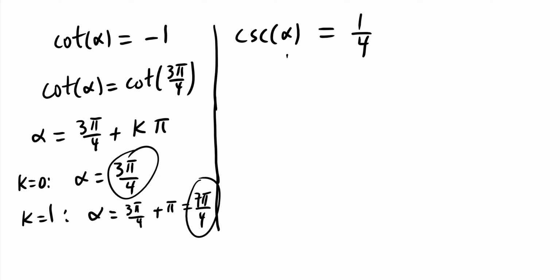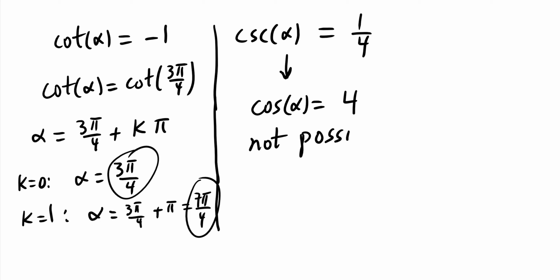Here, since we didn't do anything about cosecant, I would rewrite it as cosine by flipping both sides, because cosecant is 1 over sine, so that becomes 1 over 4. But wait, that's not possible. Why?